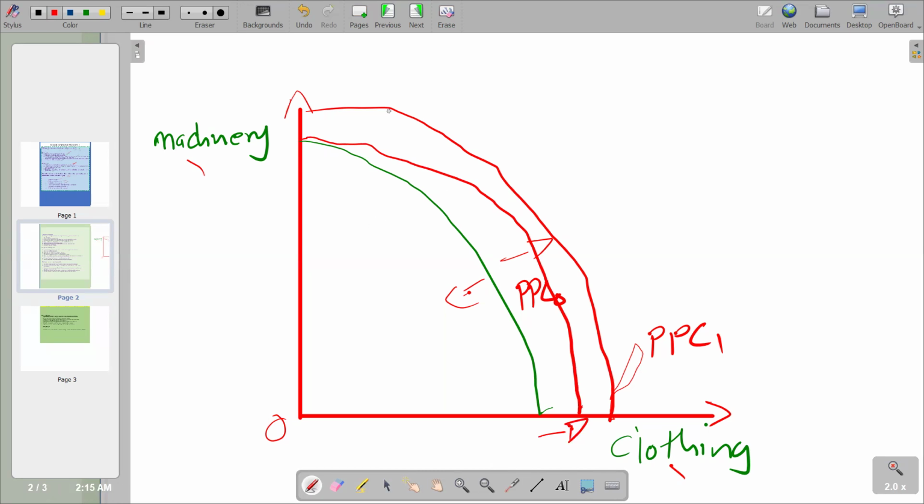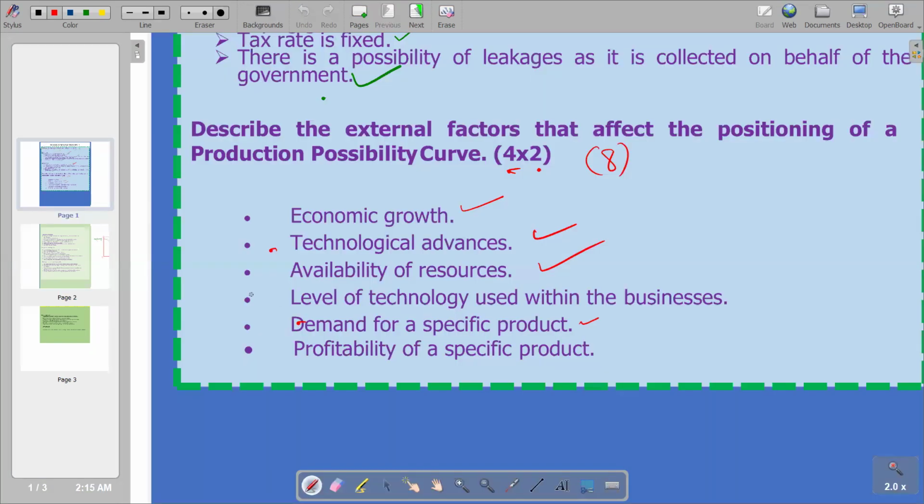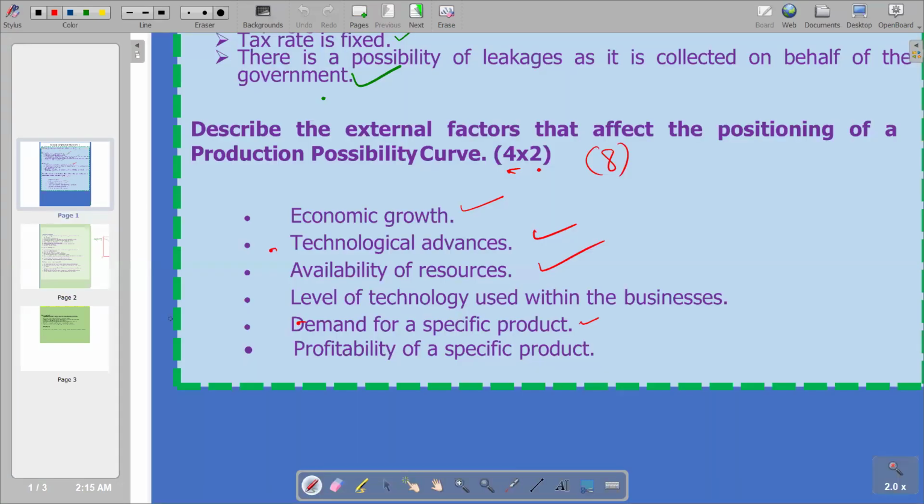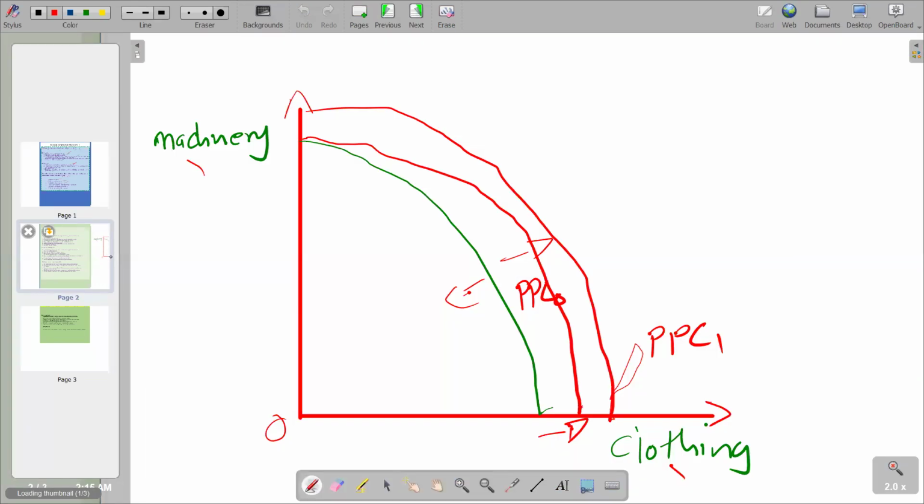So we go back again to the explanation on demand for a specific product. We are also going to have a similar shift to the one we have here, because it's a change taking place on a specific product, just like profitability. The change will be on the specific product that is having a change, whether it's profitability or demand.